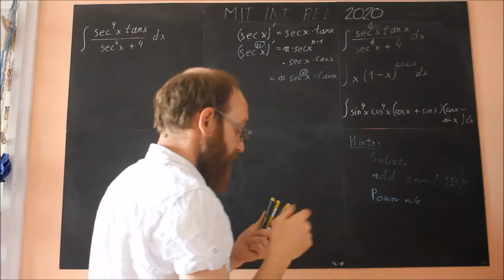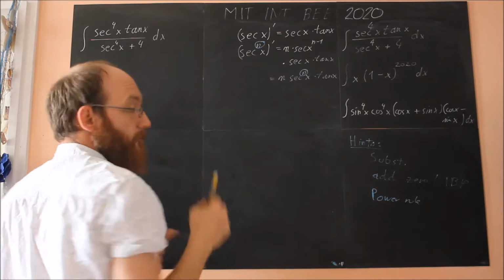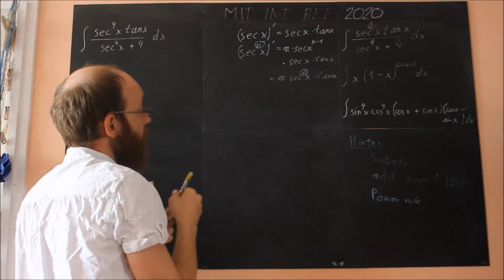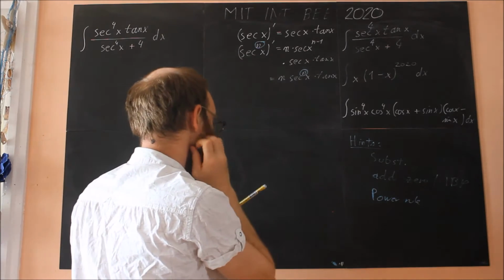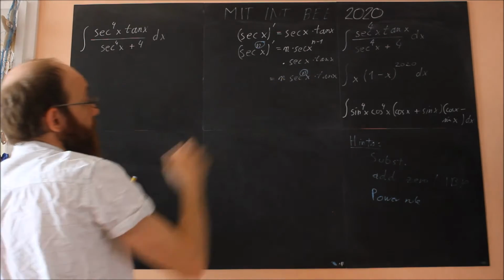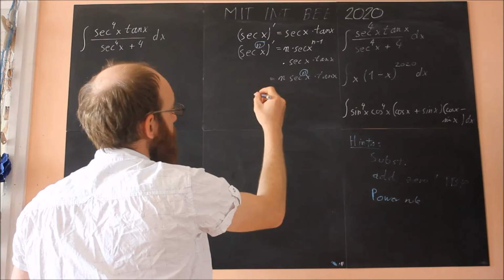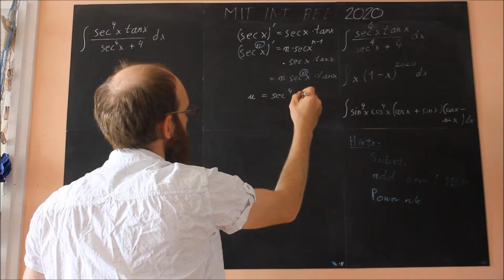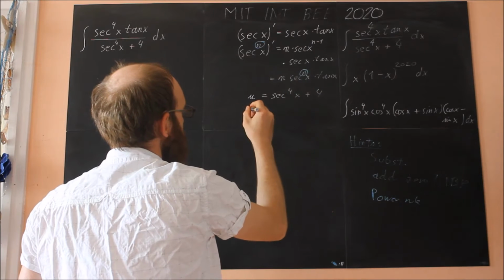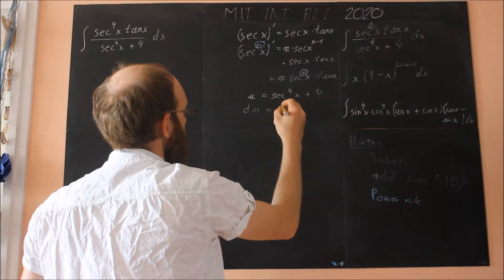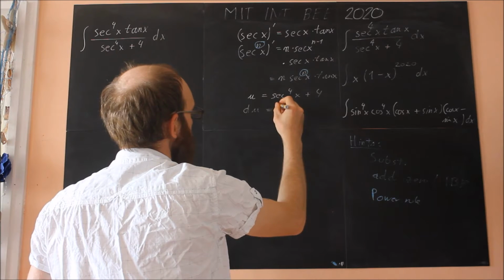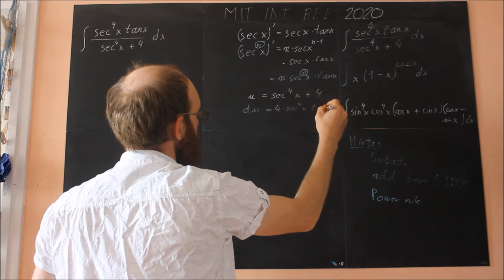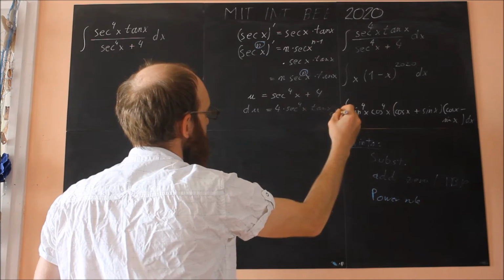This relation is the motivation to consider higher powers, and this gives the motivation to substitute secant x to the fourth plus 4, so the whole denominator. So u equals secant to the 4th x plus 4, and this makes du 4 times secant to the 4th x times tangent x dx.